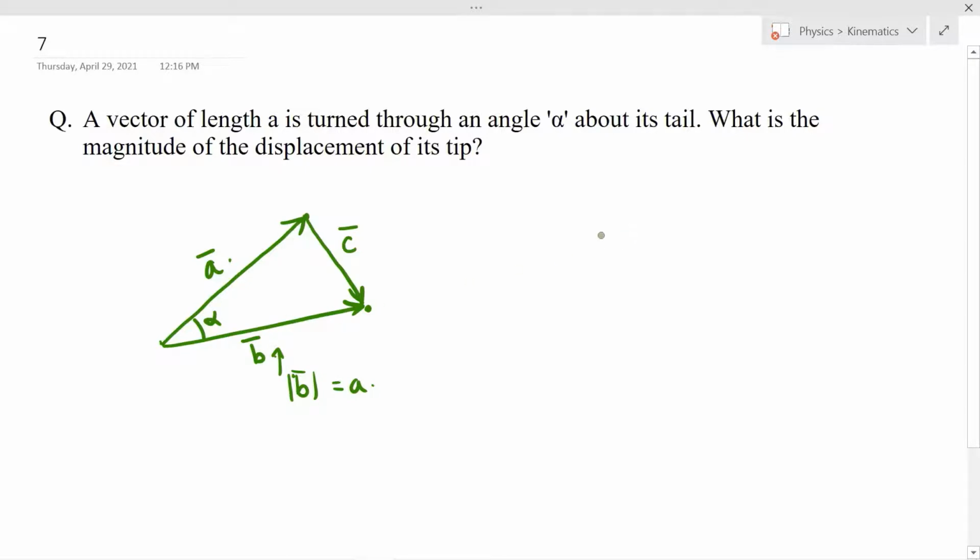Now we know from the triangle law of vector addition, a bar plus c bar is equal to b bar, so that c bar is equal to b bar minus a bar.